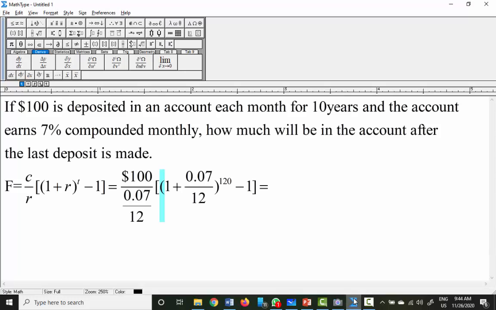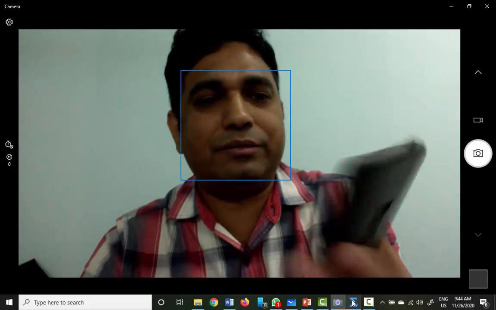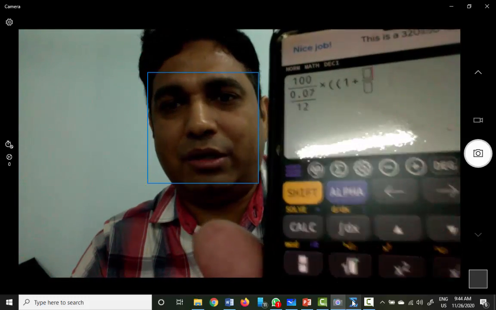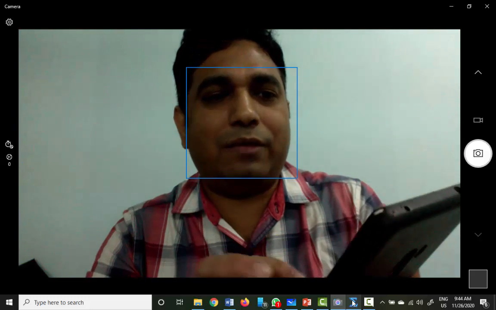And then we have 1 plus another fraction, 0.07 divided by 12.